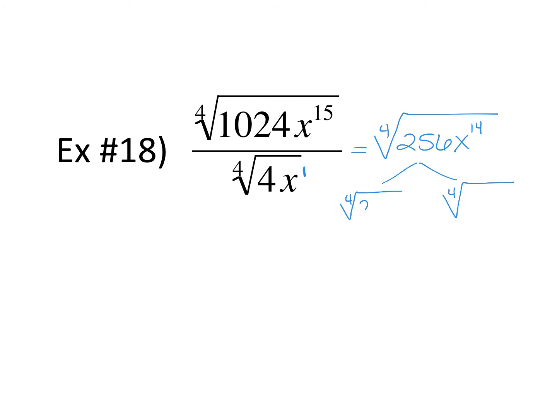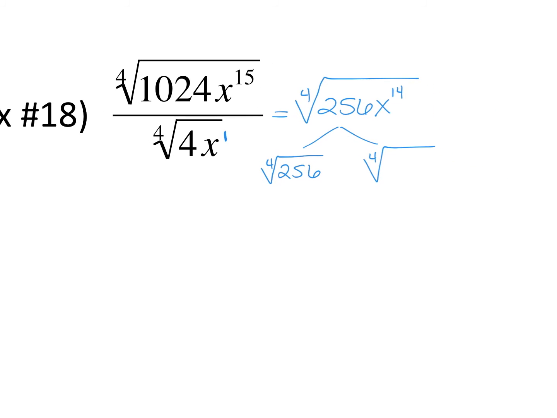So we're going to put the 256 on the perfect side. X to what power do we do here? Think through how we've been doing it. It's the exponent divided by the index needs to be a whole number. 12, yeah. So we're going to put a 12 here, which means we're left with x squared over here.